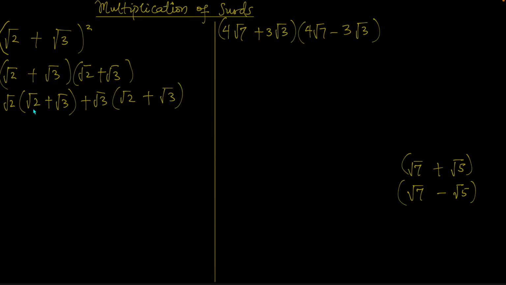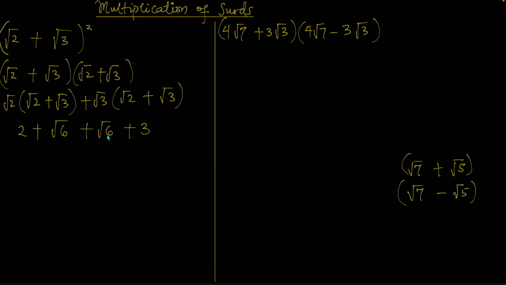So the root of 2 multiplied by the root of 2 gives the root of 4, which is 2, plus the root of 2 multiplied by the root of 3, you have root 6, and it goes on like that, root 6. Lastly, you have root 3 multiplied by root 3, root 9, which is 3.